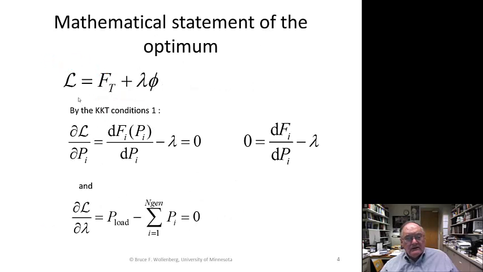So now we come back to our Lagrangian function that we talked about a few lectures back. The Lagrangian here is the FT, the total cost, plus our Lagrange multiplier lambda times the equality constraint. And you remember that the Karush-Kuhn-Tucker conditions are: you take the derivative of the Lagrangian with respect to each P sub i, and that gives you a derivative here, dfi of pi dpi, which we call the incremental cost, or more properly the marginal cost.